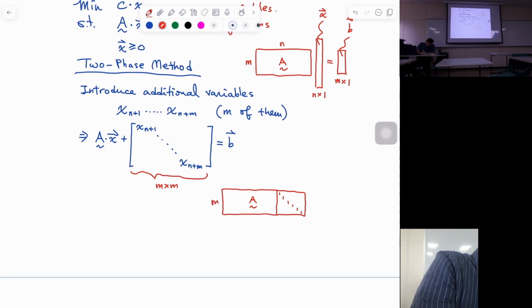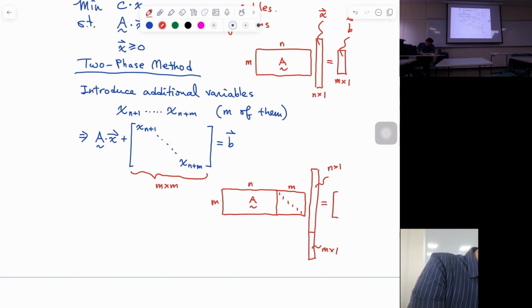This is m by n and this is m by m, and you're going to have a very long vector multiplying. Here is n by 1, this is m by 1, equals the same thing. This is m by n. You just introduce a new part here.